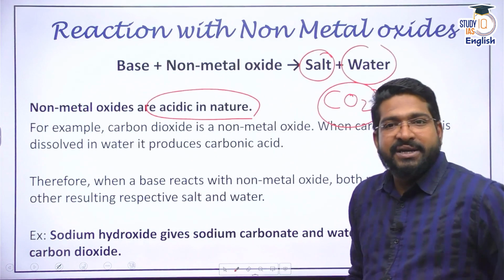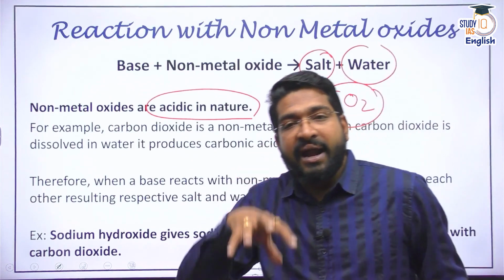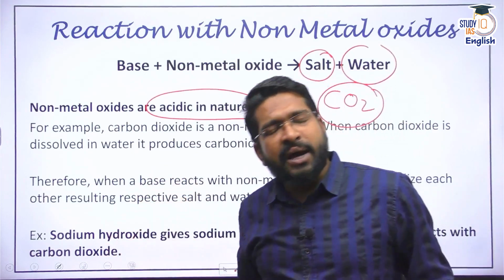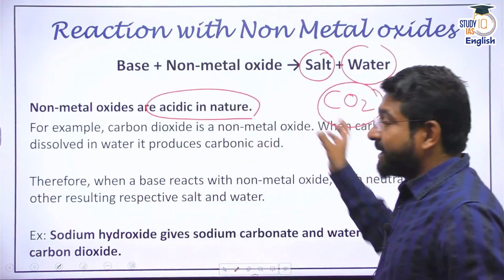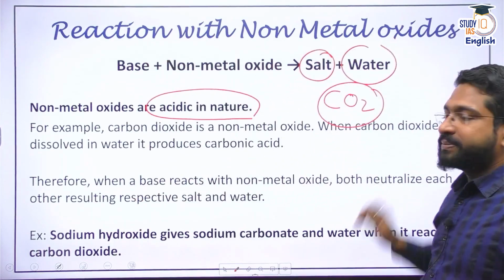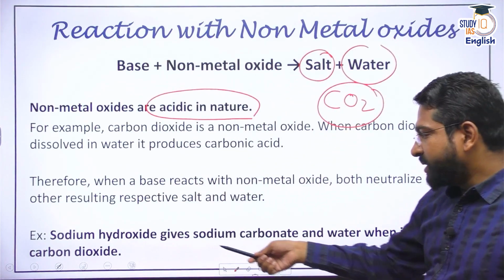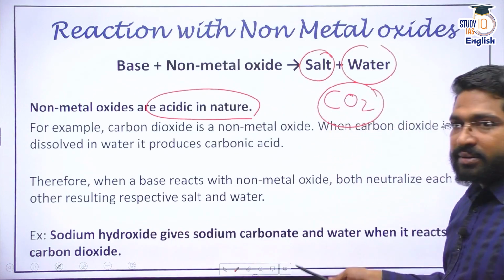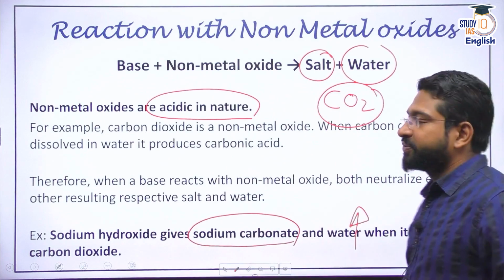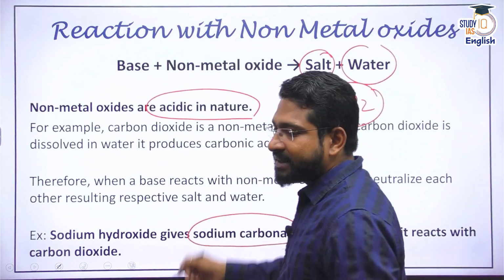In general, carbon dioxide is acidic. You do know that if I add carbon dioxide to water, it leads to the formation of a weak acid, carbonic acid. So carbon dioxide is acidic in nature. When I add an acid and a base, it leads to salt and water. Simple example: sodium hydroxide gives sodium carbonate along with water when you react it with carbon dioxide.